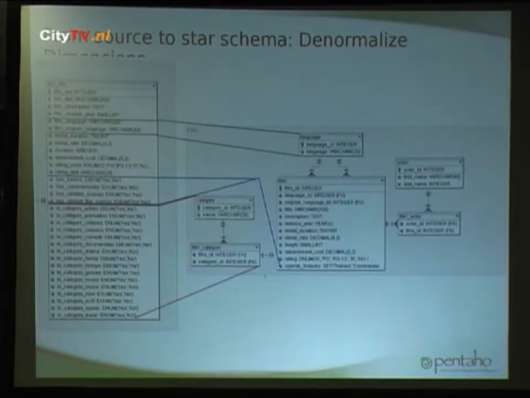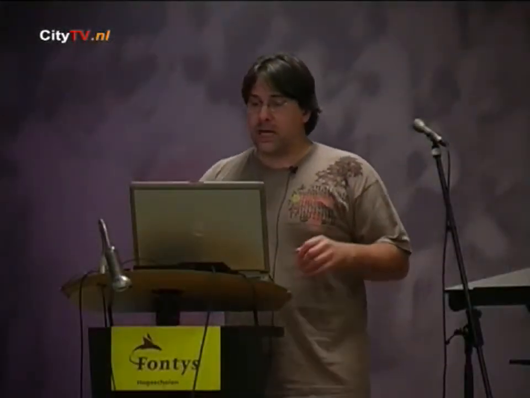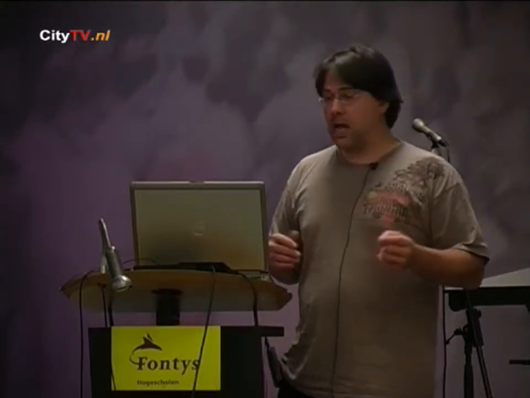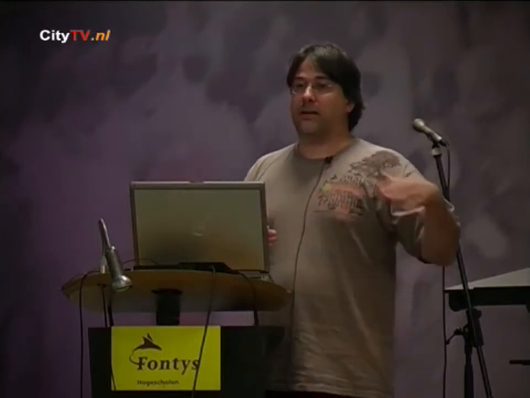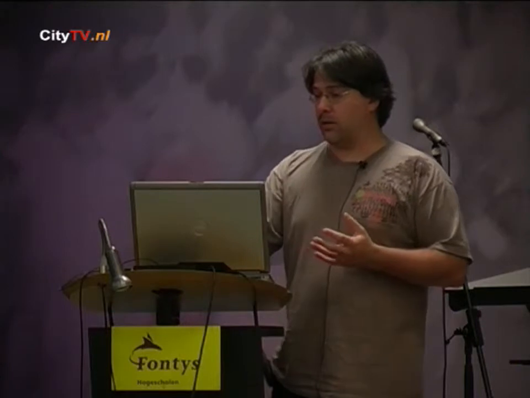Same or similar thing for the films. Films have languages. Those are duplicated into the film dimension. But we also have multiple categories that a film can fit into. And in order to be able to break down on category later on, when we have one film, we can have multiple categories.